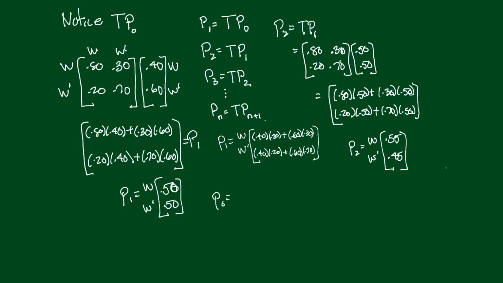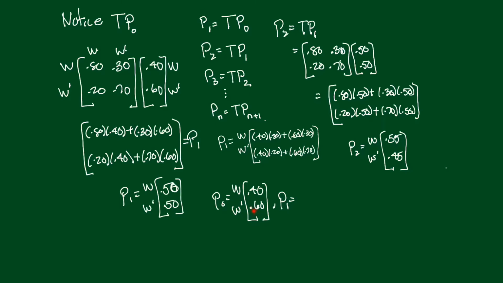P naught, I'll just summarize it. Working, not working. These are the mothers back in the 60s. So it went 40% working, 60% not working. Then we came to P1. And P1 we could get by doing this. Take the transition matrix, multiply the original state right here.